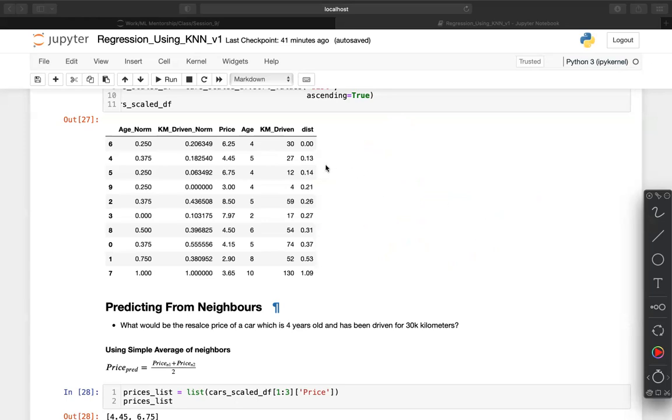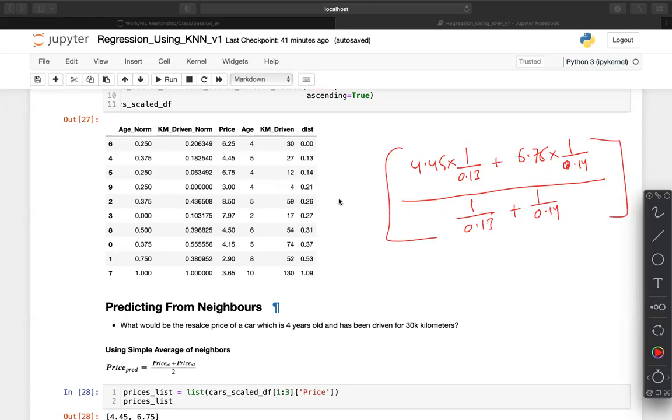And then we'll calculate, in this case, 4.45 multiplied by 1 divided by 0.13. That will be the weight, plus 6.75, that's the price, multiplied by 1 divided by 0.14. So that's the weight we multiply to that. And then we have to normalize by the weights. So that will be 1 divided by 0.13 plus 1 divided by 0.14, because the weights have to normalize to 1.